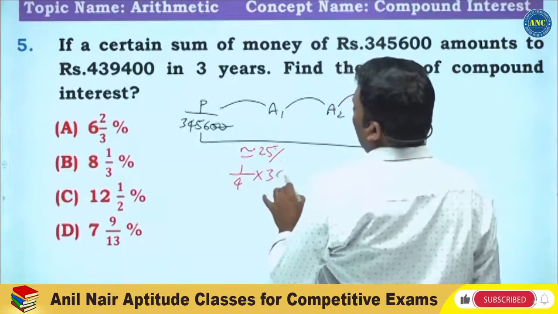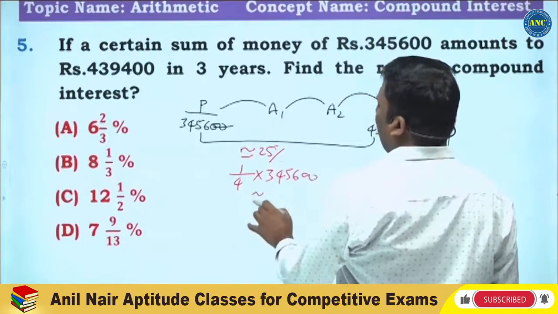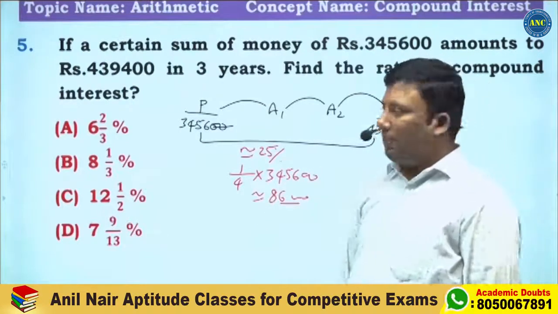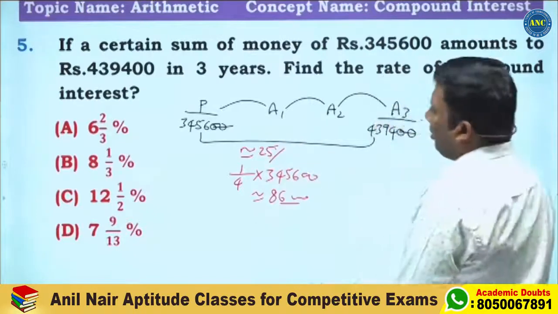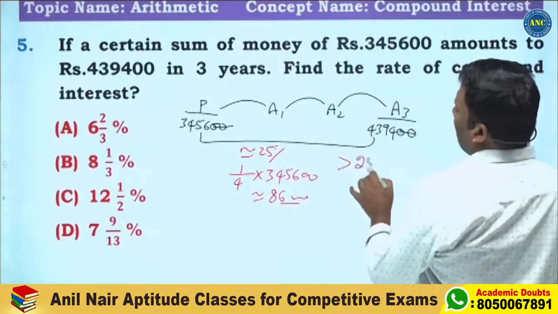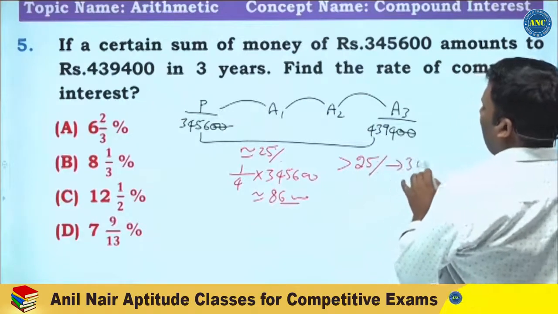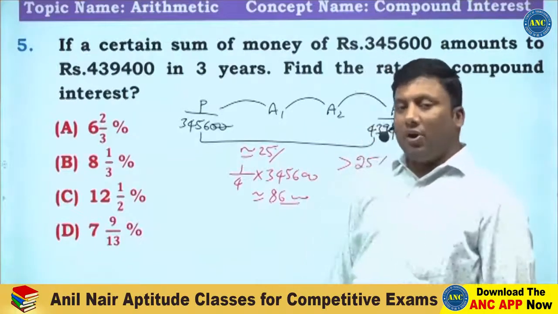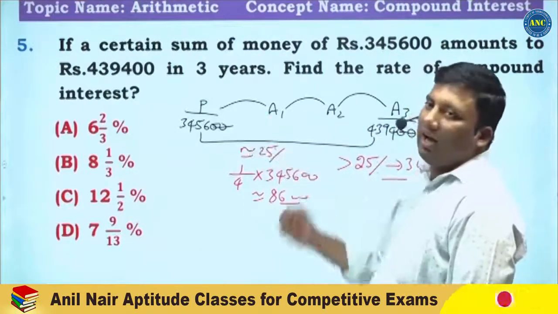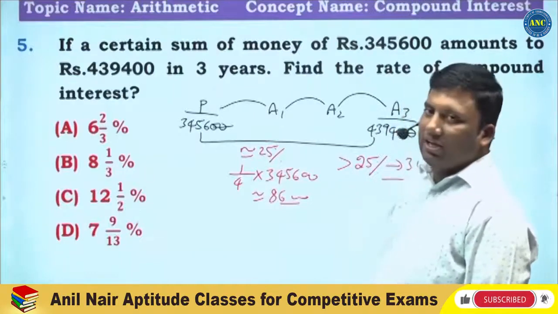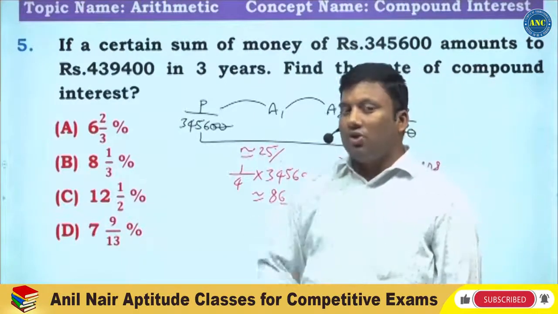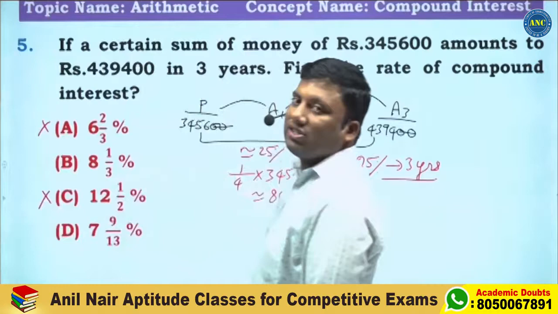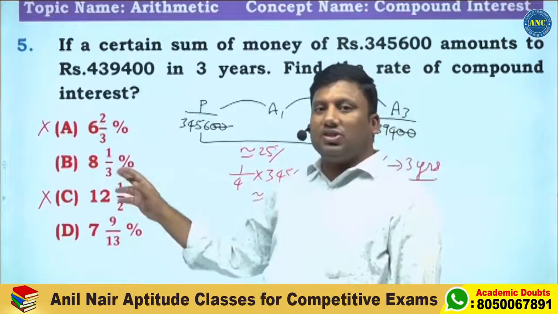Because 1 by 4 of 345600 is closer to 86,000. So just greater than 25 percentage for 3 years. That means in every time period it will be approximately the same. So R for 3 years, 25 percentage for 3 years. The answer should be very close to 8 percentage. Just by looking at the question, option A and C I eliminated.